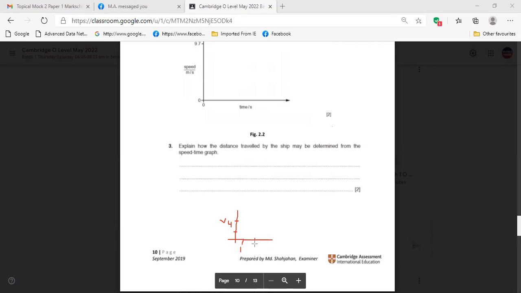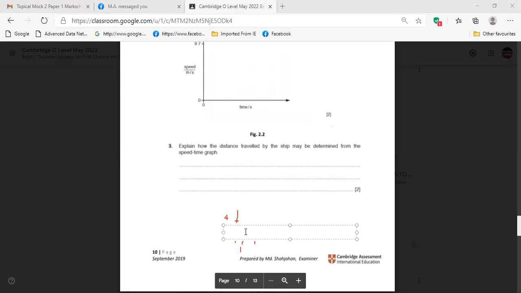I'll label it. It is 4 meters per second.